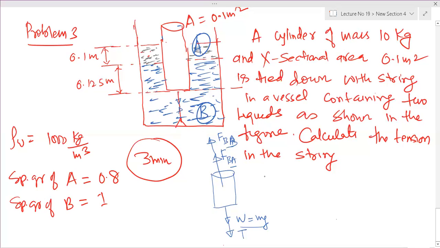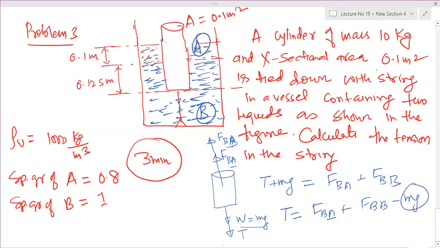So we can now write the force balance equation: T plus mg is equal to buoyancy force due to A plus buoyancy force due to B. So tension is buoyancy force due to A plus buoyancy force due to B minus mg. You know mg is 10 kg, so you can write 100.